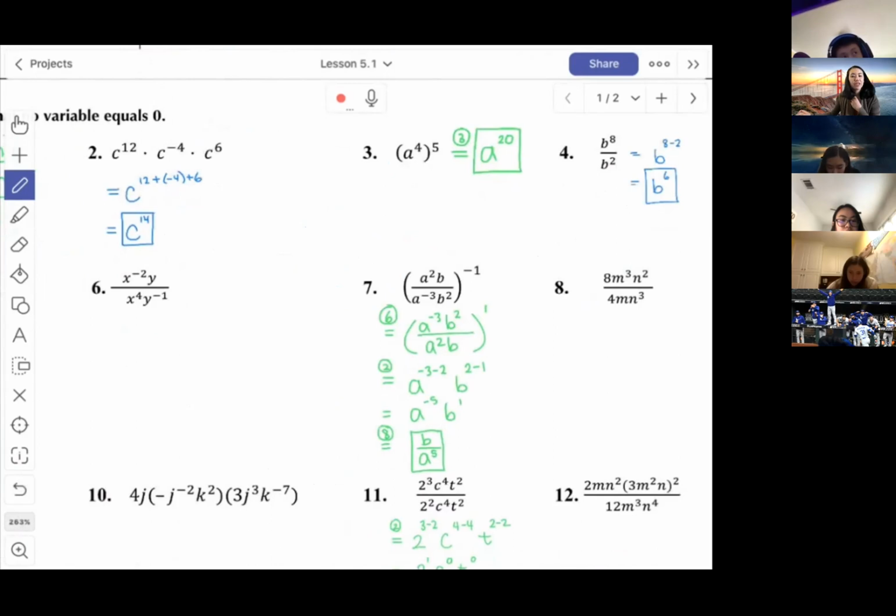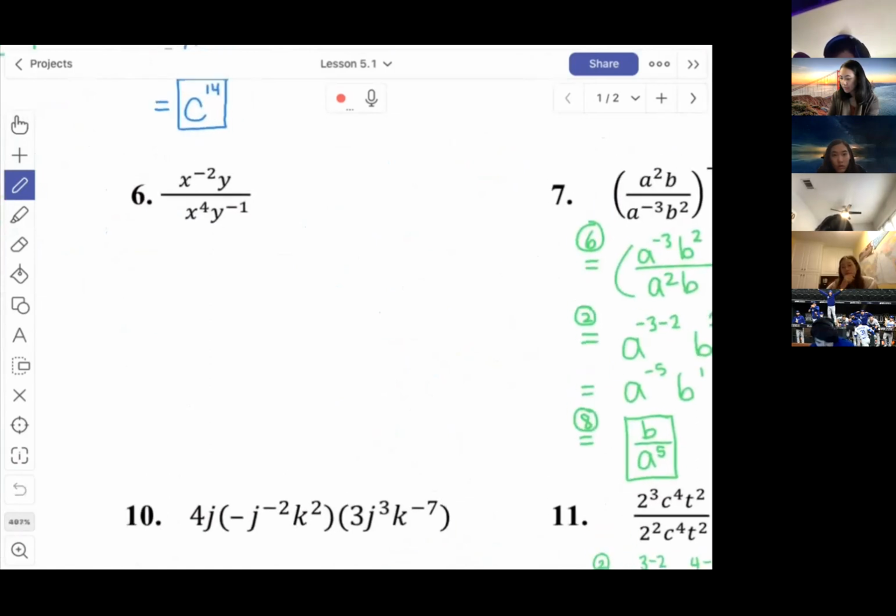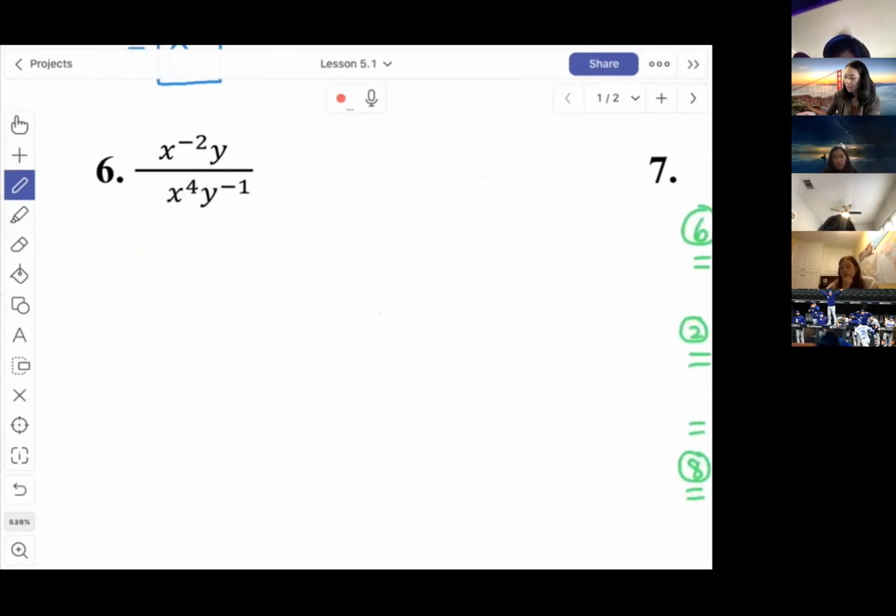Let's go to Gino. All right, Gino, help me with number 6. I'm actually not so sure about this one, but I flipped both sides, I guess, from bottom to top. Okay. And then in the end, I ended up with x squared. Oh, okay. I would be a little careful, because there are so many of these negatives.